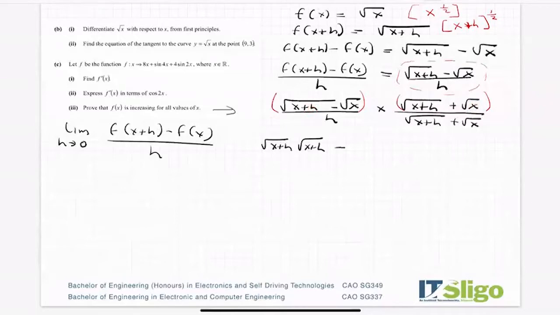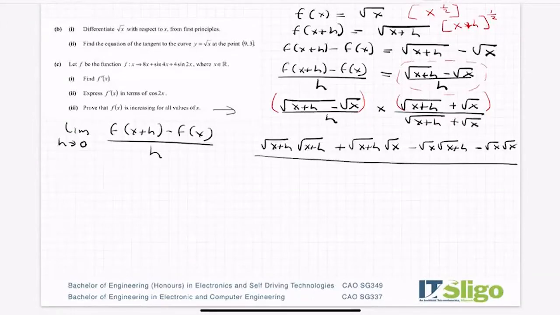So I'll have plus root x plus h by root x, and then minus root x by root x plus h, plus minus root x by root x. So that's on the top. And on the bottom, I will have h times root x plus h plus root x. Not too much I can do there.